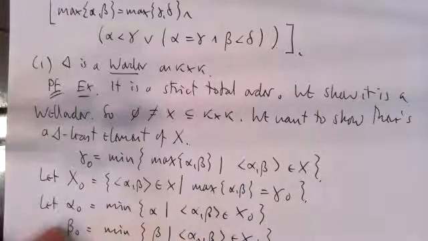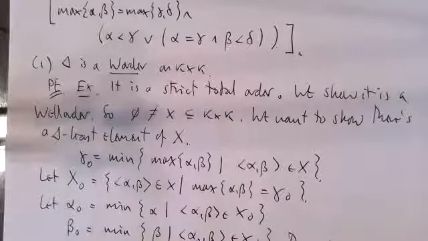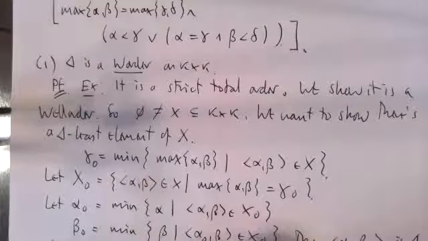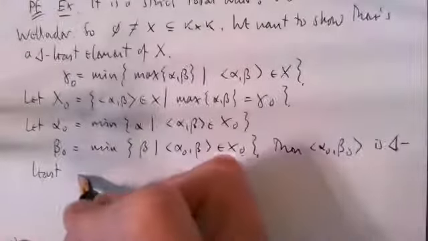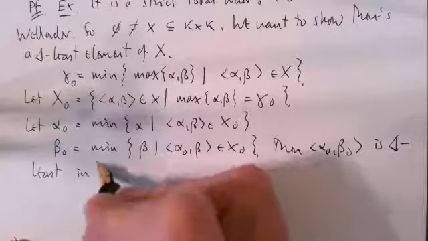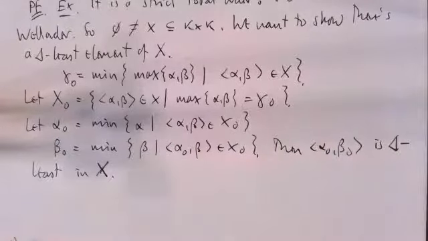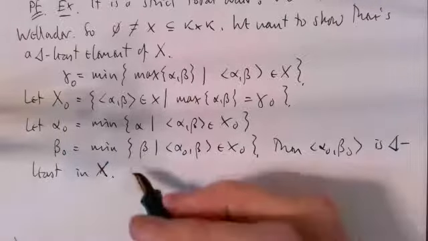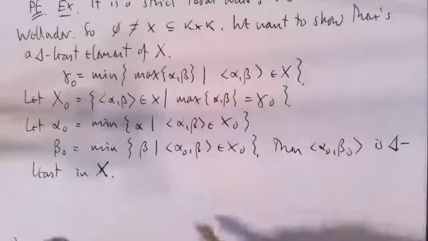And then this alpha 0 beta is what we want. So this is triangle least in X. So it's a well order.